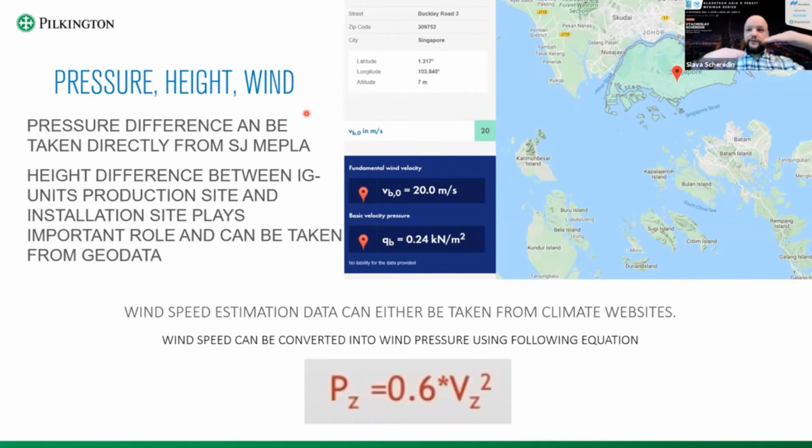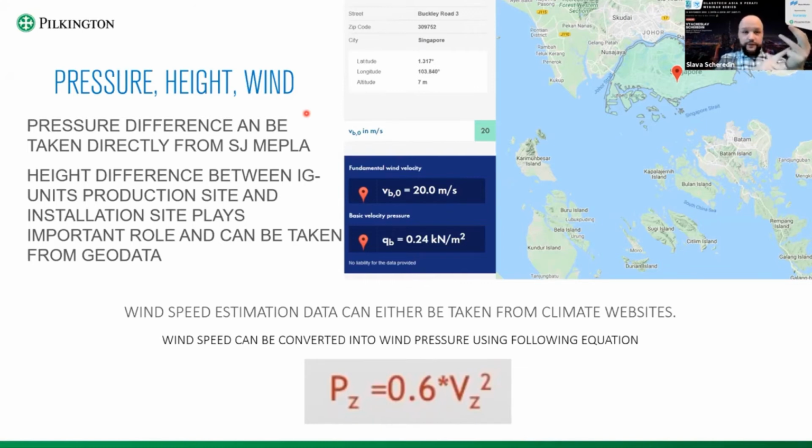In some cases, if you are producing your IG units at sea level and then transporting them high up into the mountains, you can install special valves to release the pressure. But these are nuances, though they can also be considered in the calculation.